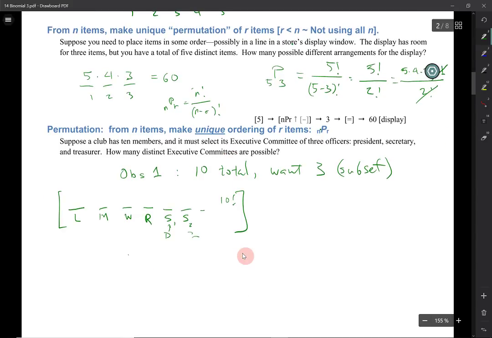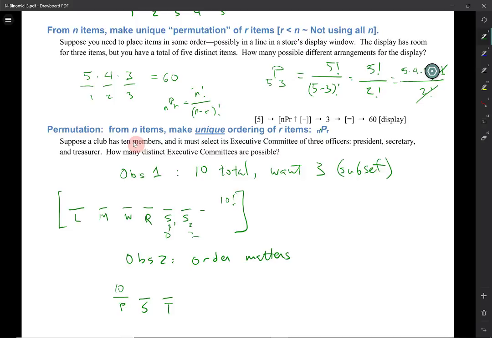Then observation 2: order matters. Say the first one we select is the president, the second one is the secretary, and the third one is the treasurer. So how many ways? There's 10, and after you select one, that person is already the president and can't have 2 jobs, so there's only 9 possibilities left.